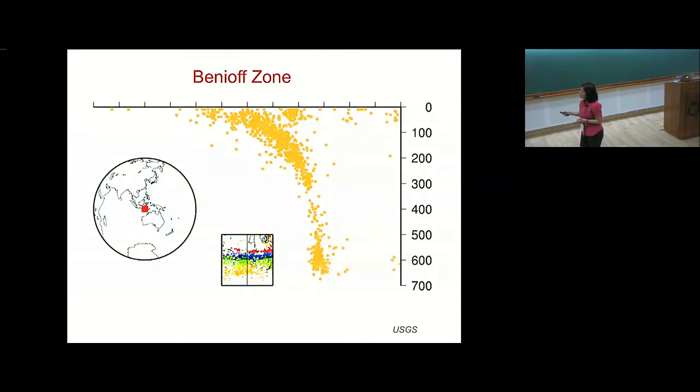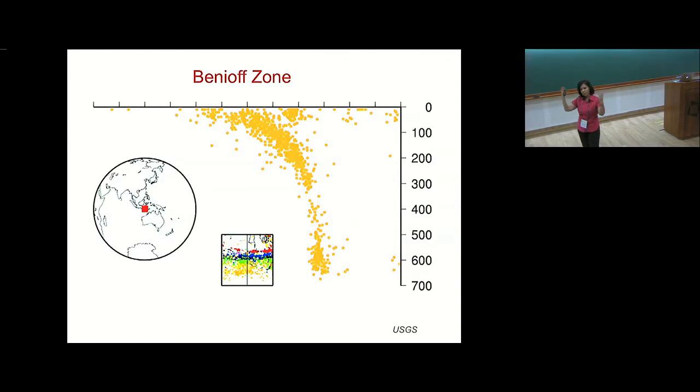So what do these earthquakes tell you? We can see that they very nicely mark out a dipping structure, okay? This is true not only in case of this particular area. If you look at many places on the Earth where you have an oceanic lithosphere colliding with a continental lithosphere, you see these kinds of dipping structures.